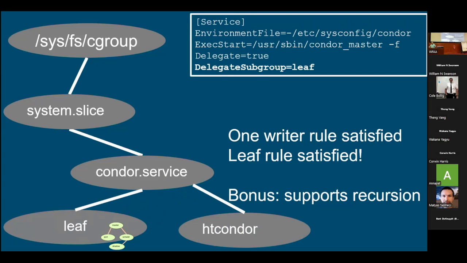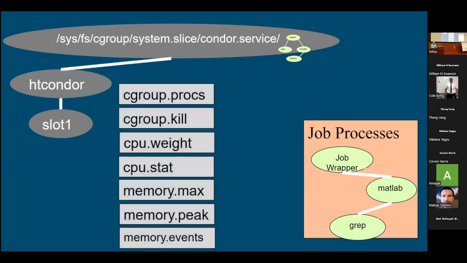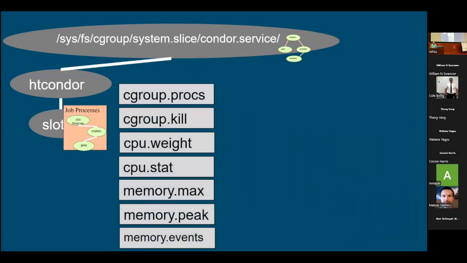I know that the cgroup tree is sort of deep and bushy and confusing, but it's because of all these rules. It's not because we want to do anything particularly tricky. So by default, systemd launches the daemons under condor.service, and we put our jobs under condor_slice1.